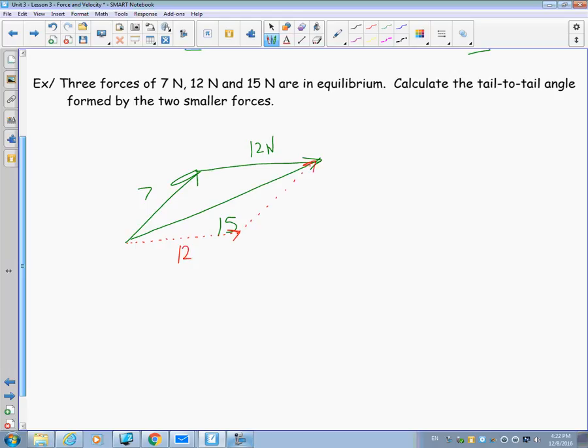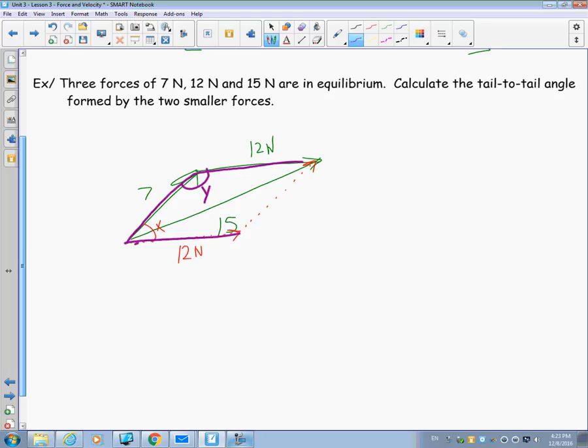I hope you could agree this is also 12 newtons. The tail to tail angle is this one, between the two small forces. The nice thing about that one is it's related to the tip to tail angle because of this C pattern. So if I can figure out y, then I can figure out x.